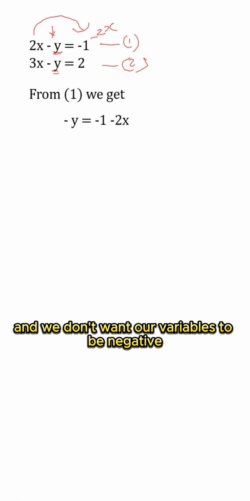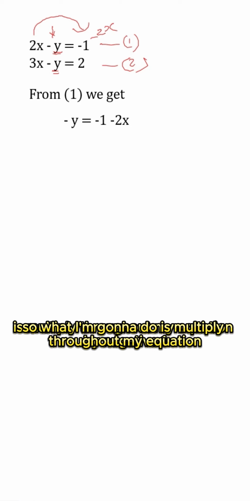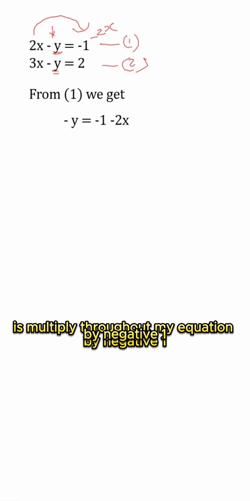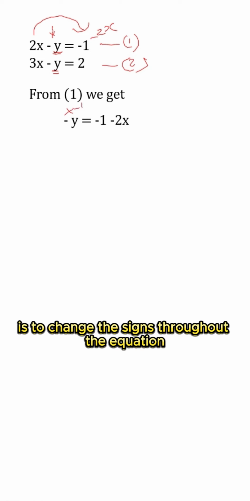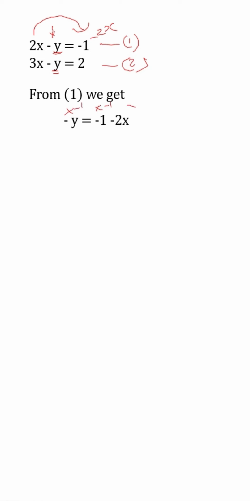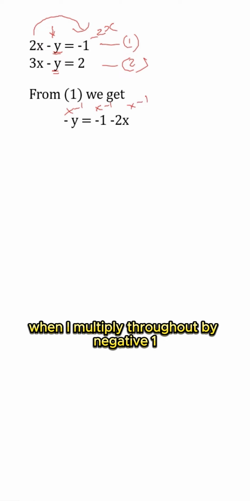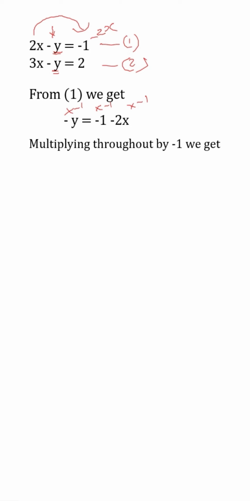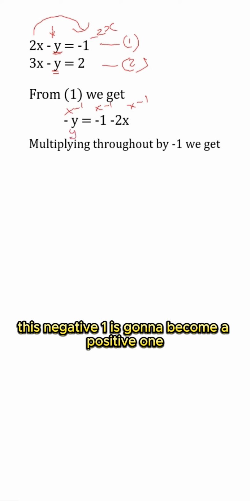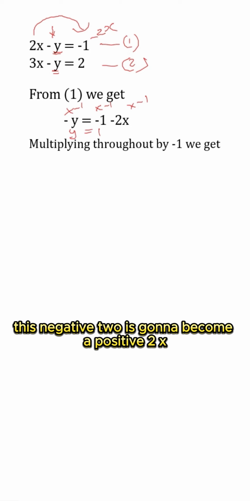And we don't want our variables to be negative, so what I'm going to do is multiply throughout my equation by negative 1, and what this is going to do is change the signs throughout the equation. So this negative y is going to become a positive y. This negative 1 is going to become a positive 1. This negative 2x is going to become a positive 2x.